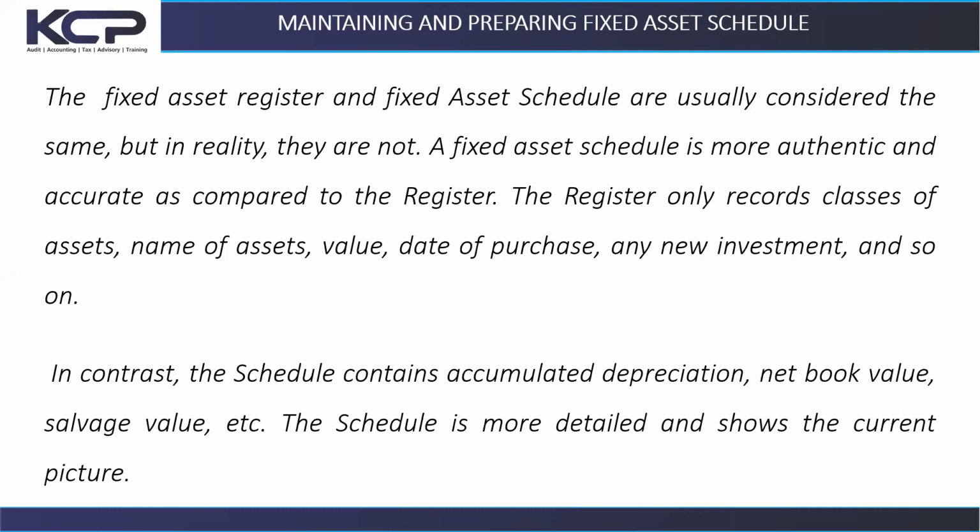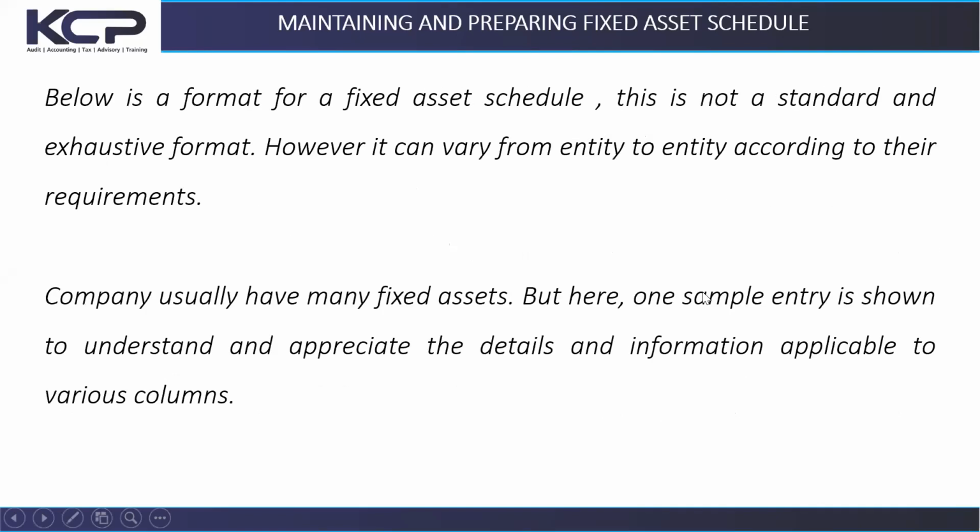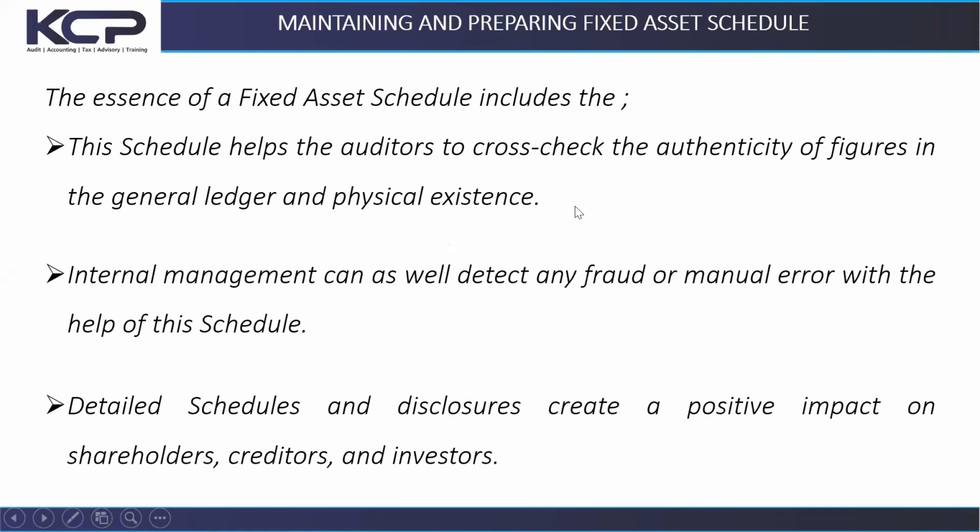Then the carrying value, which is the net book value at the beginning of the period and at the end of the period. Any question? And I've just shown you, just before we get to this slide, the formats of the fixed asset schedule and that of the register.